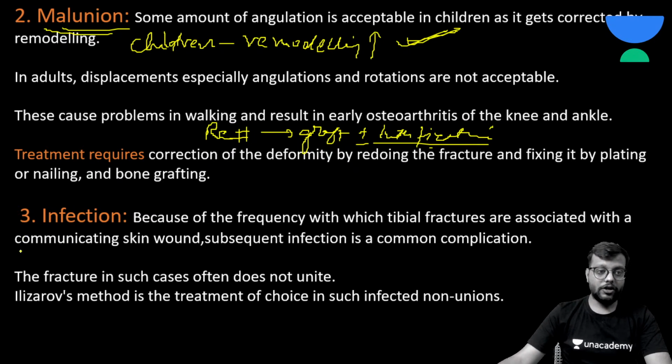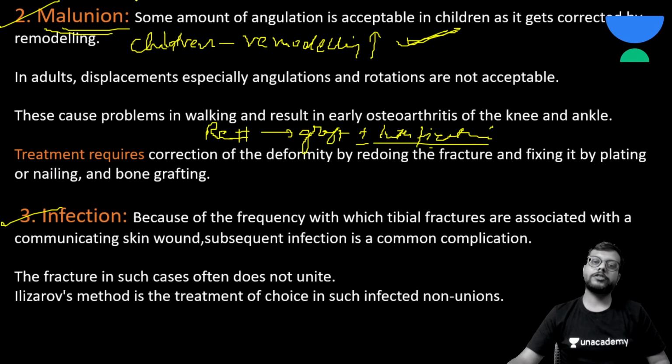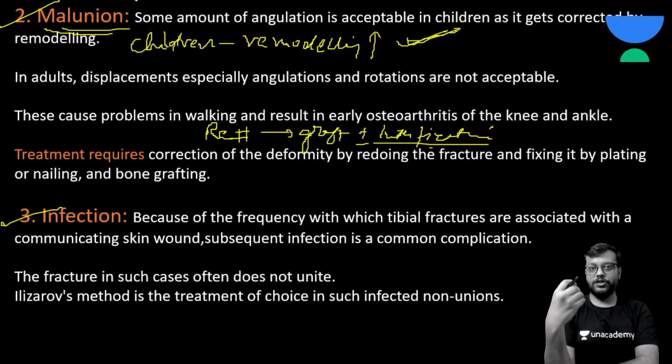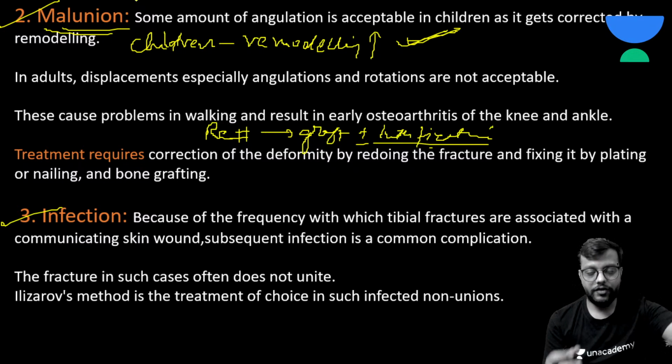Now third is infection, and infection is a major complication. We have already discussed why, because they are most often associated with open injuries, so infection is common, and due to this infection there is non-union of the tibia.